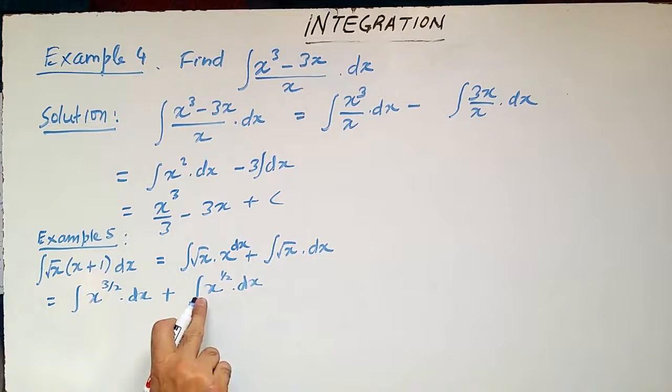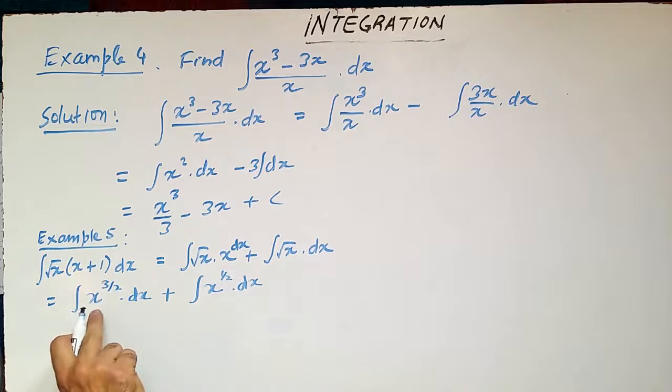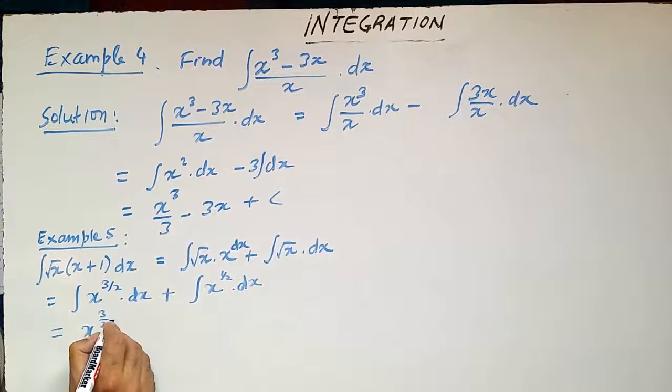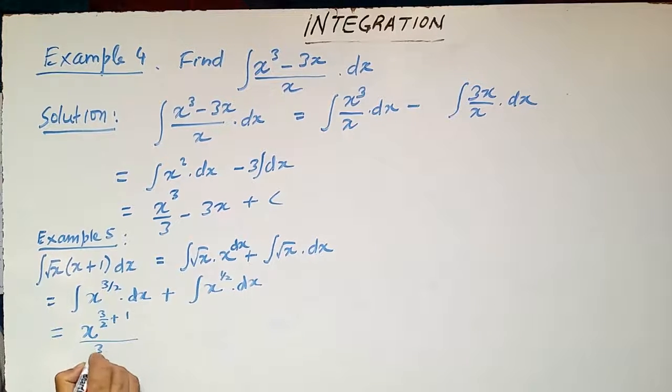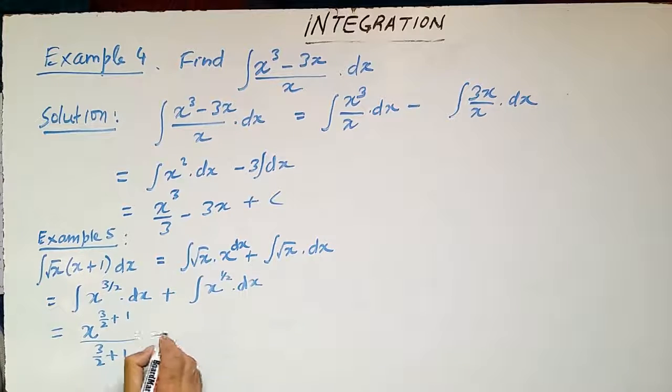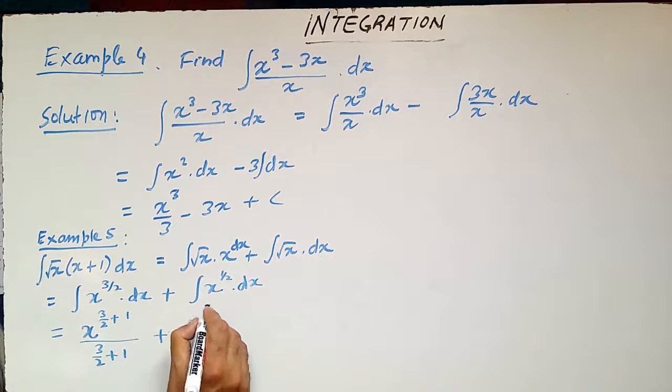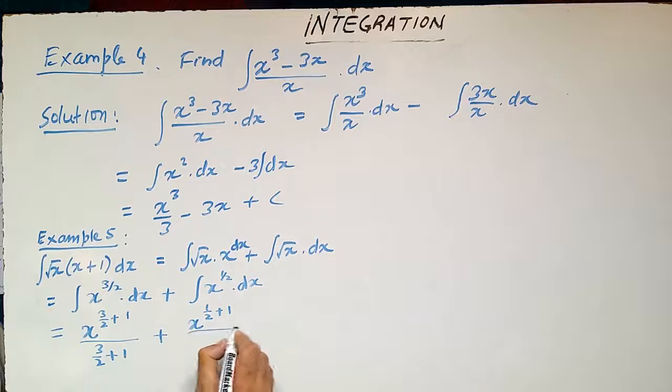So now it is of the form ax to the power n, so you can easily find this one. Integration of this is x, we increase the power by 1 and divide by that power. This will be x to the power half plus 1, divided by half plus 1, and we add the constant of integration.